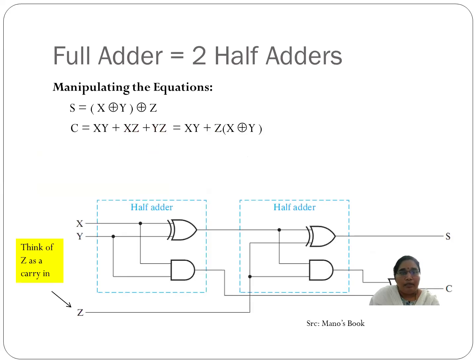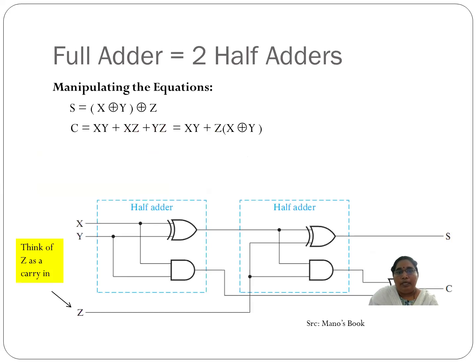In order to add the 3 bits X, Y and Z, we already know that a half adder can add 2 bits of information. So here we are taking one half adder and giving it the inputs X and Y. This half adder will give carry and sum, that is 2 bits of information.